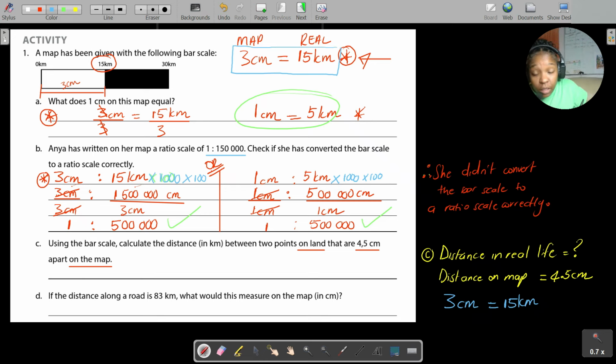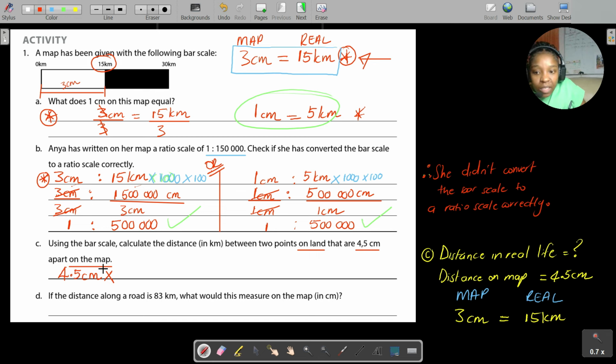So we're going to just basically take that 4.5 centimeters multiplied by, what is it that we want? We want the distance in real life. So just make a note for yourself there at the top. So I'm just going to say 3 centimeters is equal to 15 kilometers. So this is the map, this is the real. I'm just making some side notes for us there so that we are able to deal with it.